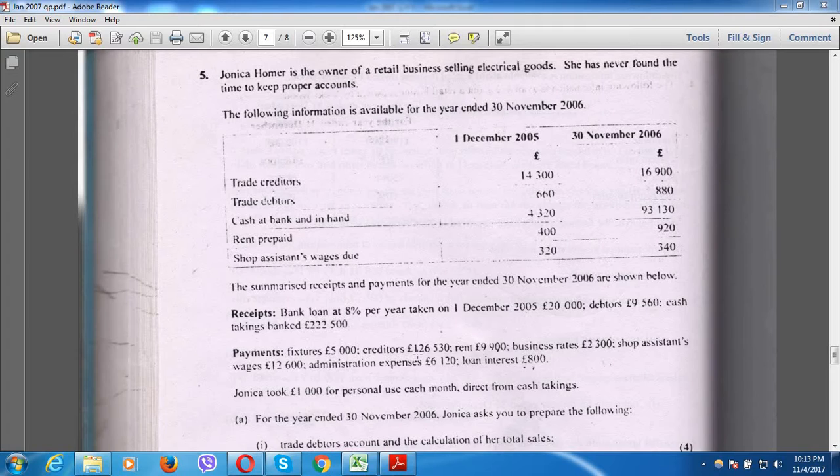Creditors £126,530. Rent £9,900. Business rates £2,300. Shop assistants wages £12,600. Administration expenses £6,120. Loan interest £800. In short, receipts are those amounts which have been received by the business. Payments are those amounts which have been paid by the business.